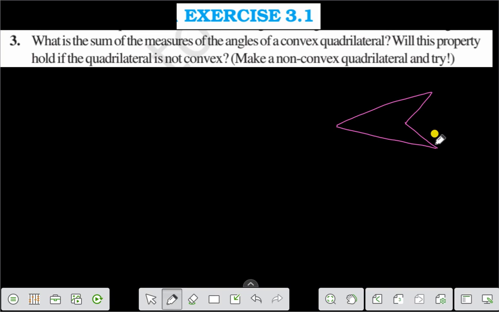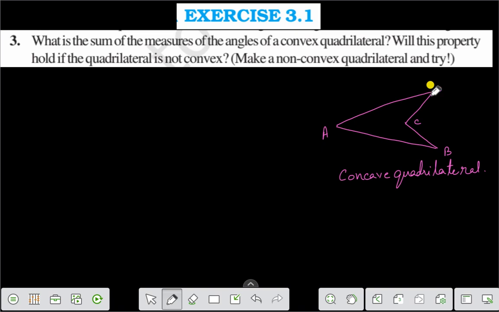Here we have taken a concave quadrilateral. This is a concave quadrilateral. Here you see, this is A, B, C, D.